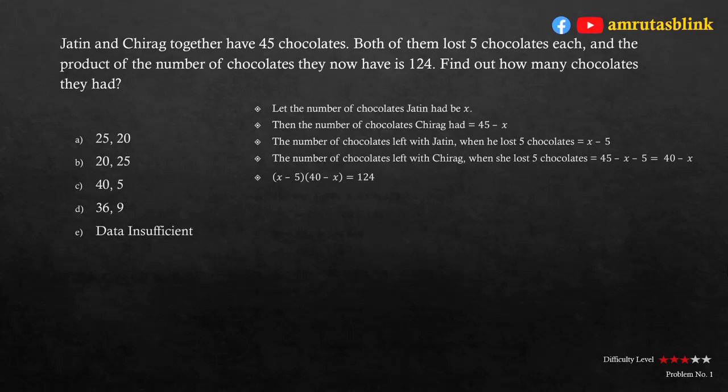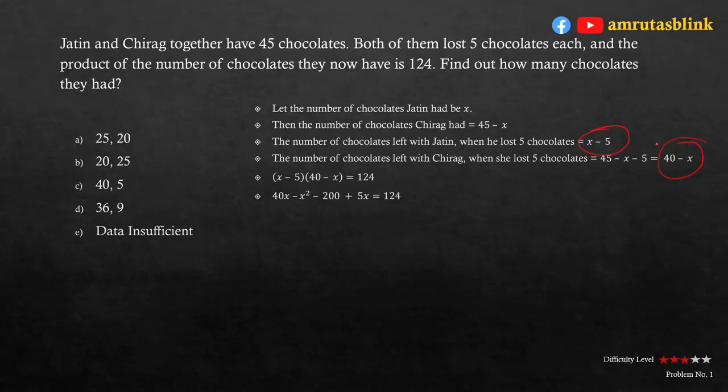Now further information is given: the product of the number of chocolates they now have is 124. Hence we have to consider these numbers, X minus 5 and 40 minus X. So X minus 5 into 40 minus X is equal to 124.